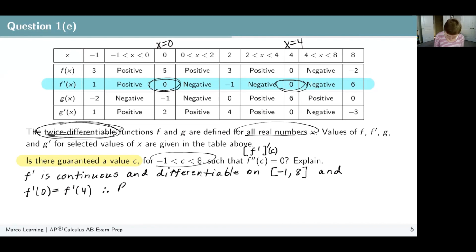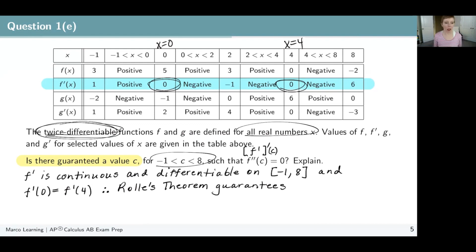Therefore, Rolle's theorem, and you do not need to name the theorem. You can just skip where I'm writing Rolle's theorem. You can just say therefore and state your conclusion. Therefore, Rolle's theorem guarantees.